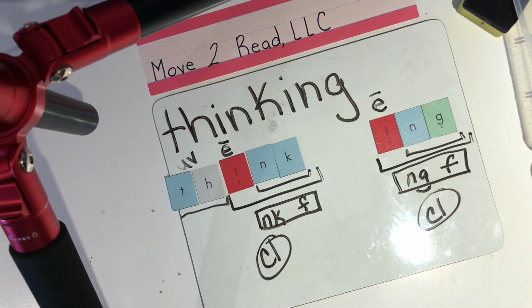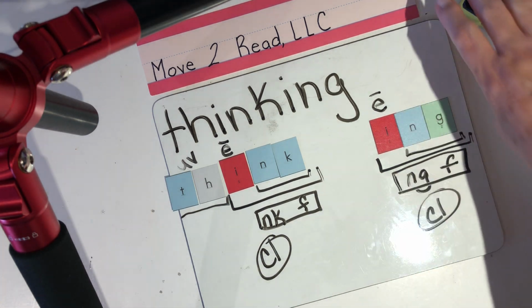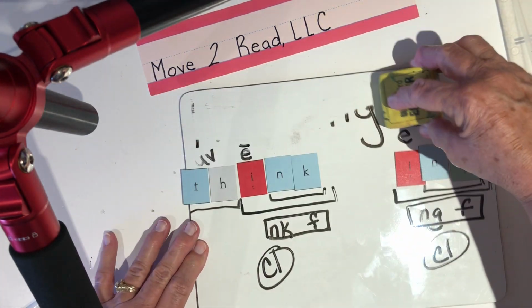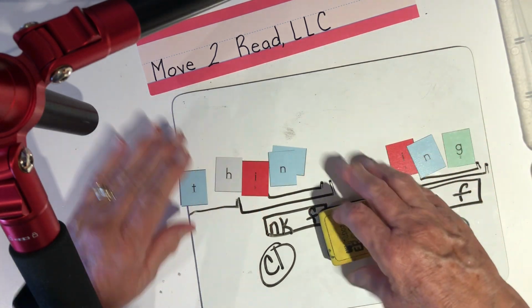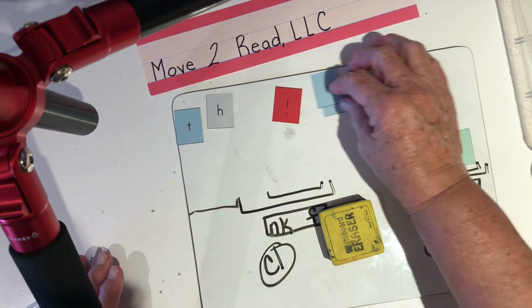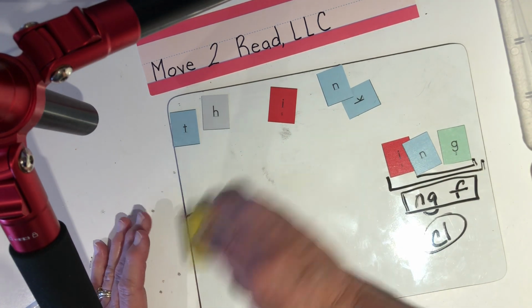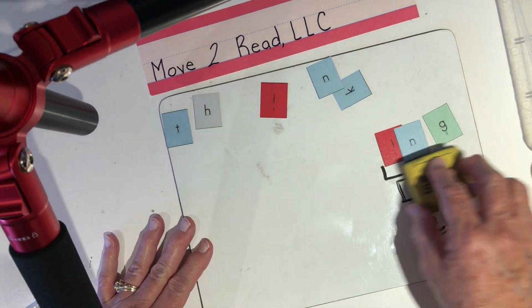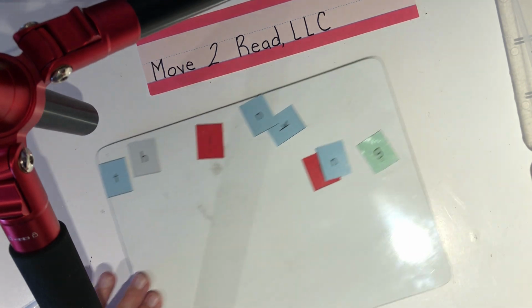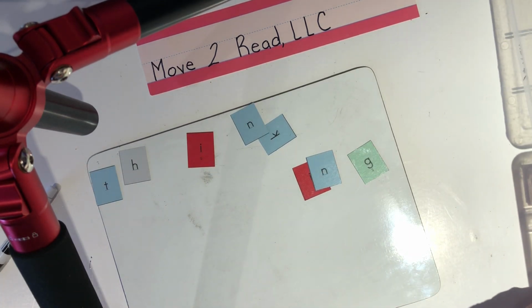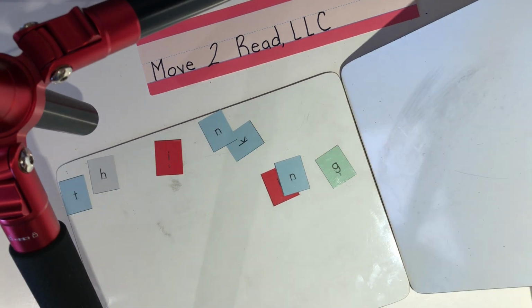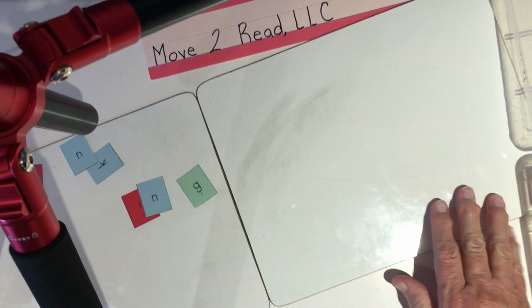Okay, our next word that we are going to do is Thanksgiving. And that is a very long word. Okay, in order for all my little letter tiles to fit, I'm going to have to make room to have 2 marker boards.